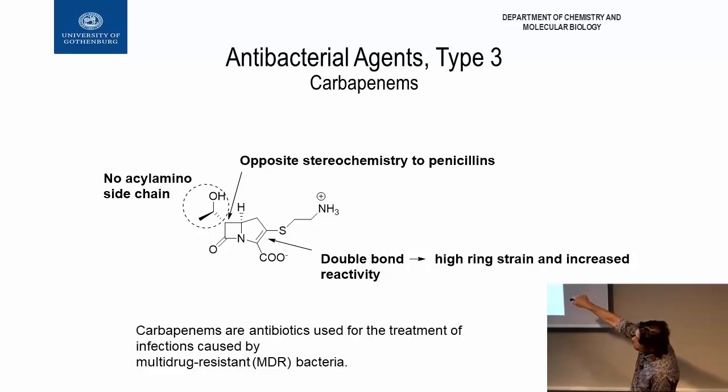If you look at the structure again, it looks very similar to both penicillins and cephalosporins. It's just that we added a double bond here. That means that we have much more strain in the molecule. So this is even more reactive than the cephalosporin. They react even faster than the bacteria. And then up here, they look quite different from both penicillin and cephalosporins.